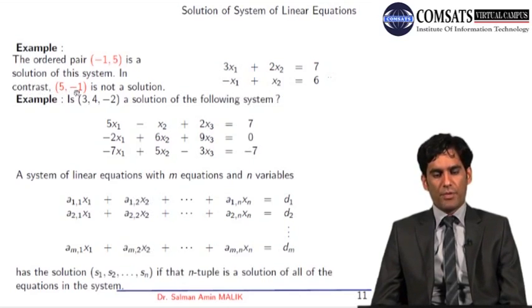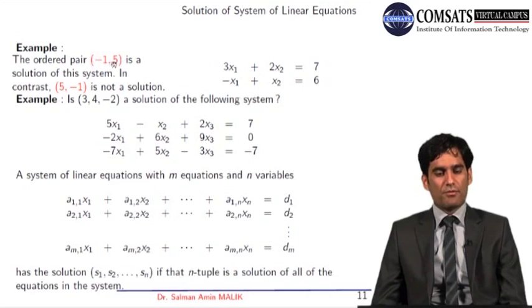In contrast, (5, -1) is not a solution of the same system of linear equations. What does it mean, (5, -1)? It means that we have x1 equals 5 and x2 equals -1. If we put x1 equals 5 and x2 equals -1, then the LHS will give us 15 minus 2, which is 13, equals 7, and everybody knows that 13 is not equal to 7, so the first equation is not satisfied.